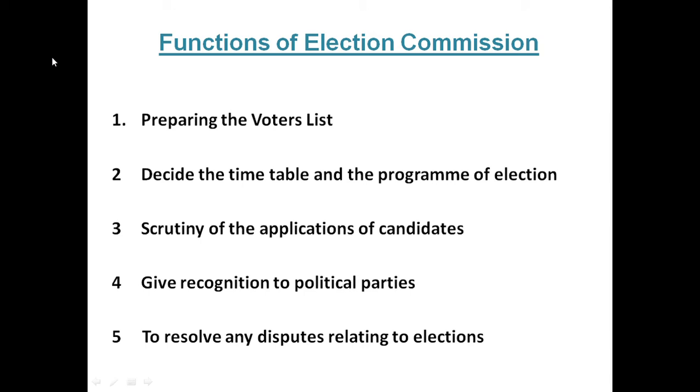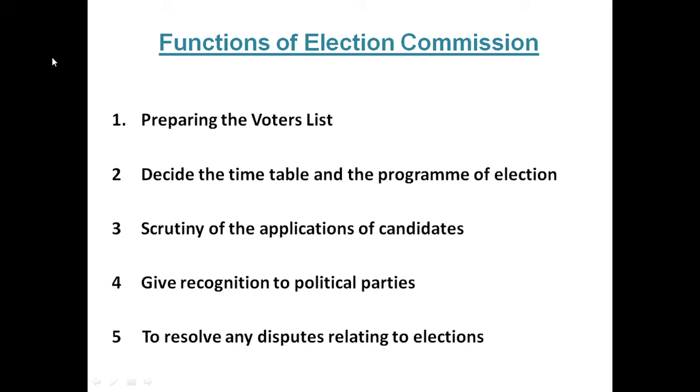Fourth function is to give recognition to political parties. India has a multi-party system. When many political parties compete for political power and more or less they are equally influential, the party system is called a multi-party system.